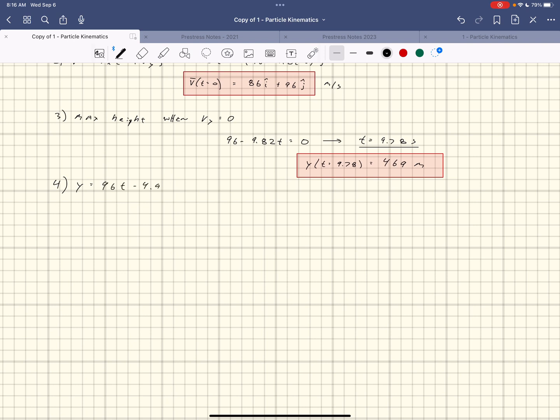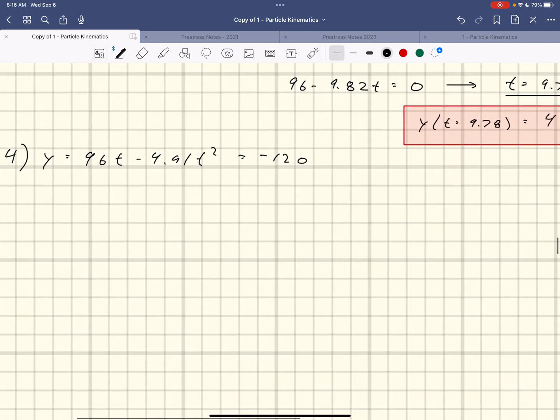4.91 t squared equal to negative 120. This will actually give you two solutions again, one negative time and one positive time. The only one that makes sense is the positive time.